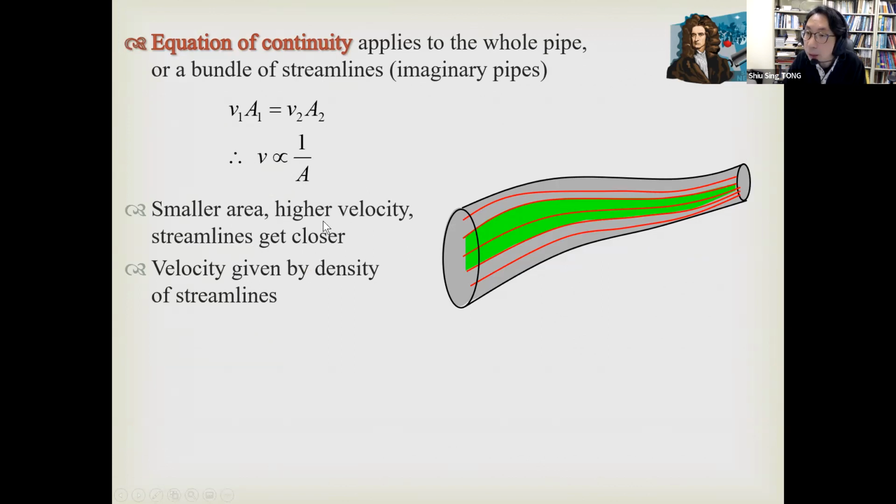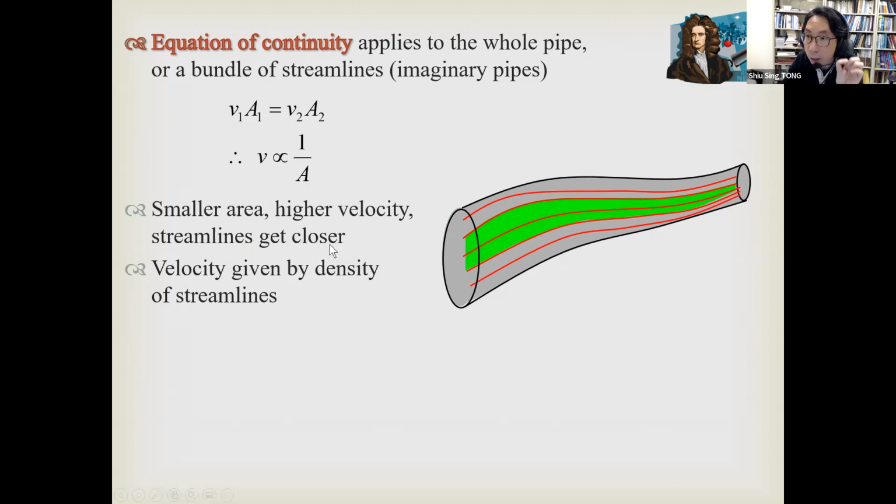Now, with this proportionality relation, you have this relationship which I've mentioned. A smaller area indicates a high velocity, and the streamlines will be getting closer. Because the total number of streamlines is conserved inside the pipe, if you have a smaller area, for example on this side, the velocity is higher, and so the streamlines will be more concentrated on this side. So the streamline density will get higher.